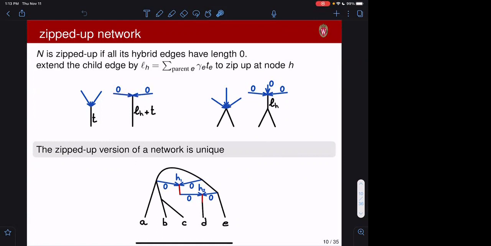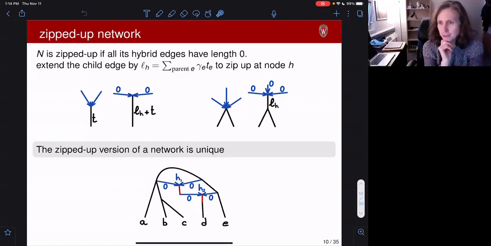And it's really easy to transform a network to be Zip-top. We just need to increase the length of the child edge by whatever quantity is needed to keep that key quantity constant. And if we have a polytomy here, then we need to add an extra child edge to resolve that polytomy in some particular way.